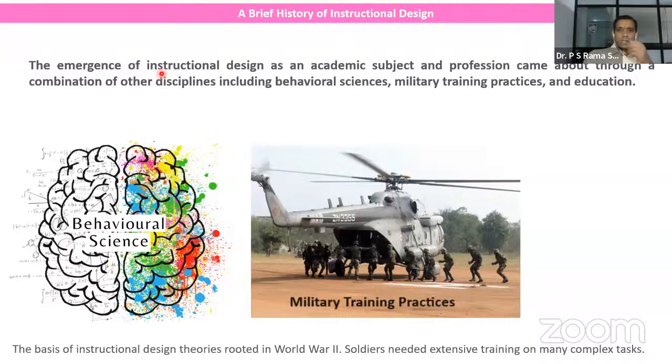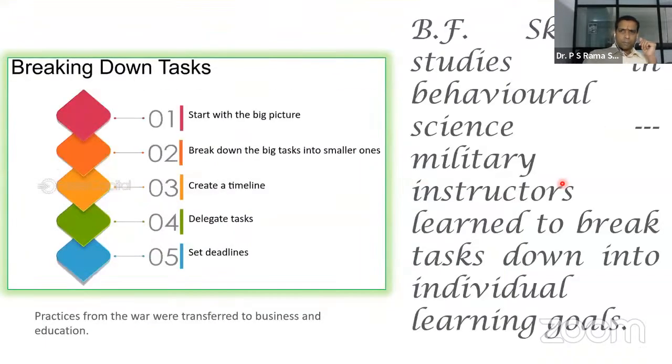So the emergence of instructional design as an academic subject and profession came about through a combination of other disciplines. One is behavioral science, the other one is military training practices, which both got embedded, and we are now studying it as a subject, right? Skinner studies in behavioral science.